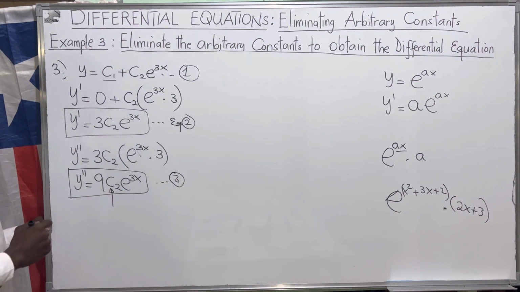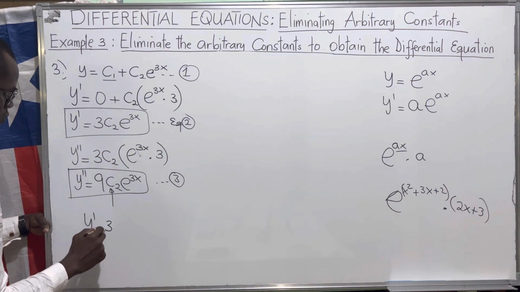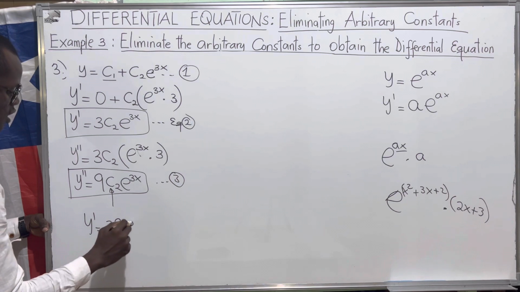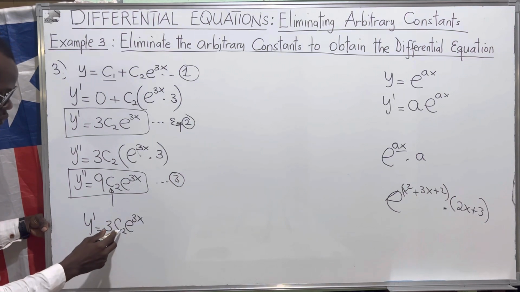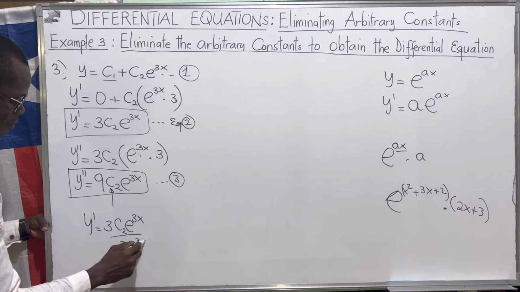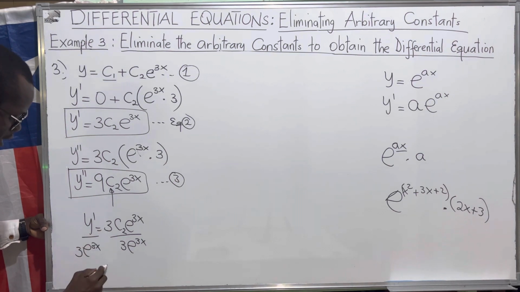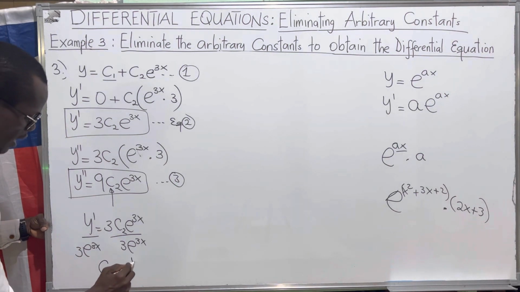So we know from equation 2 that y prime is equal to 3c2 e raised to the power 3x. So we can easily solve for c2 by dividing both sides by 3 e raised to the power 3x. So we will have c2 to be y prime all over 3 e raised to the power 3x.